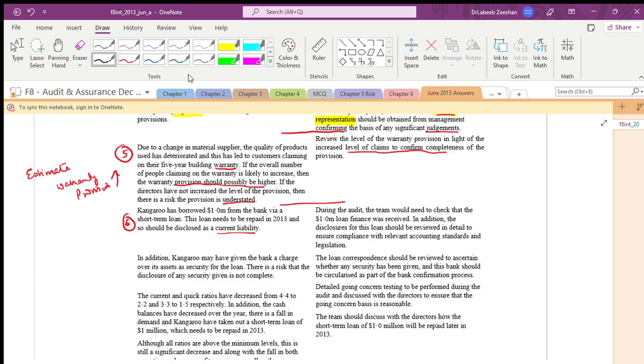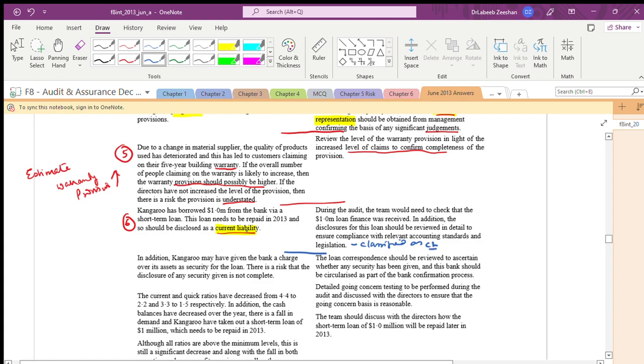We have to check whether it has been identified as a current liability or not. First, during the audit, the team would need to check whether the 1 million loan has been received or not. In addition, disclosures for the loan have to be reviewed to ensure compliance with the accounting standards and legislation, that it has been classified as a current liability.